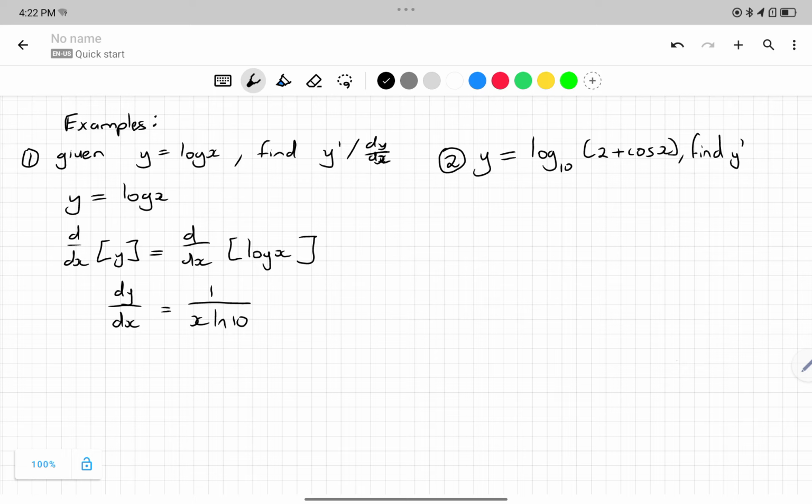find y prime. So again here, I'm not going to rewrite this, it's kind of too long, so I'm just going to say d over dx of y is equal to d over dx of log base 10 of 2 plus cos x.